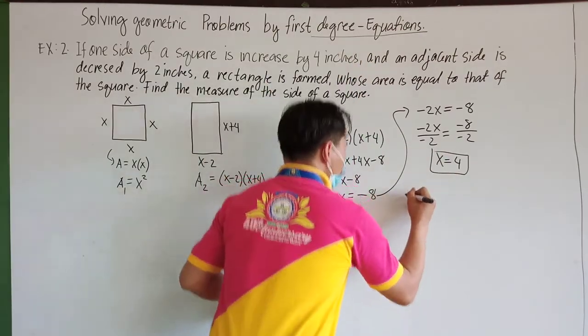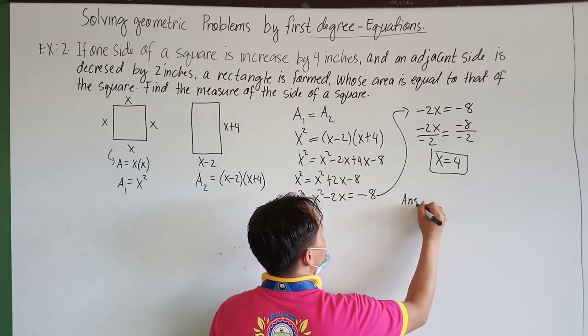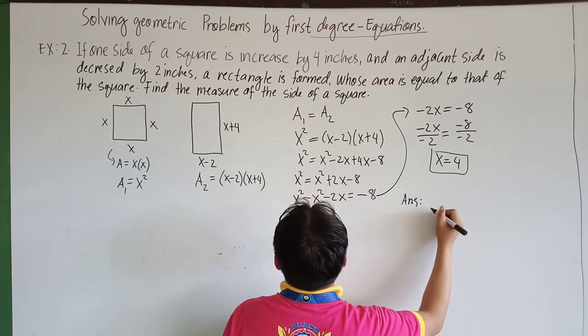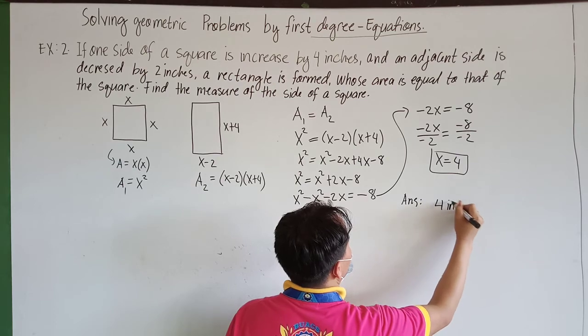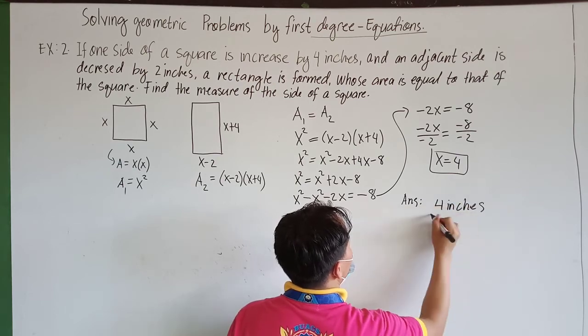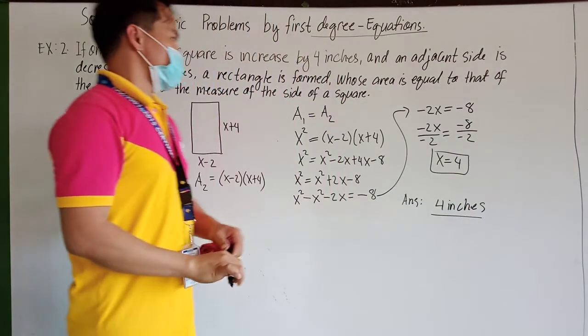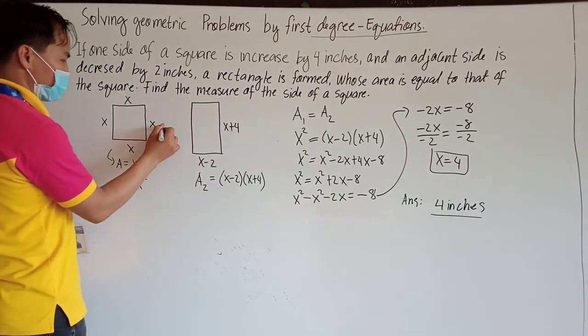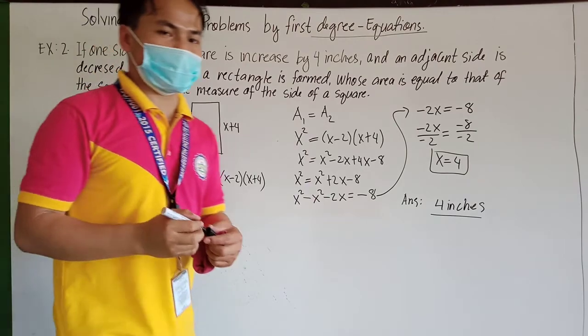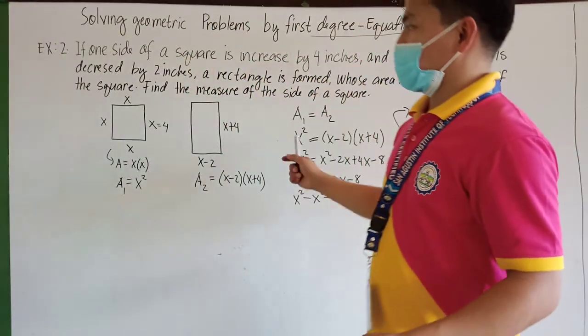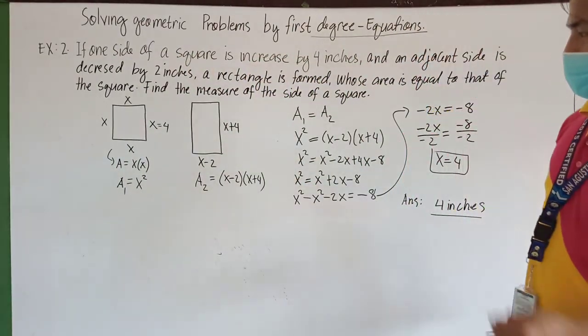Therefore, the answer is: the side of the square is equal to 4 inches. Actually, we can check our solution, but of course, this example is very clear.